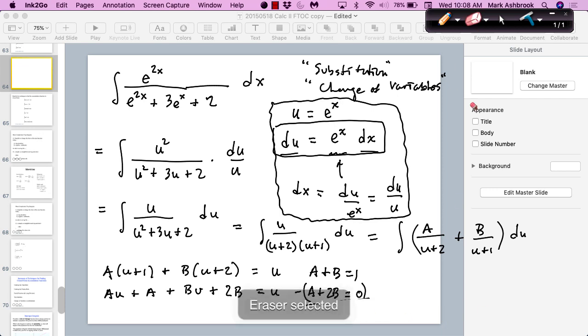So B is negative 1, A is 2. So I have 2 over u plus 2 minus 1 over u plus 1.